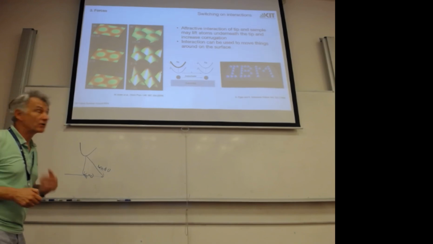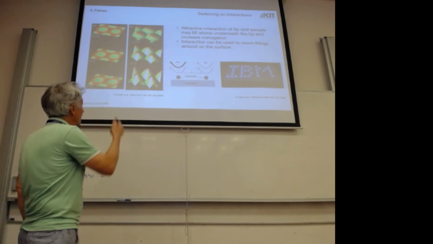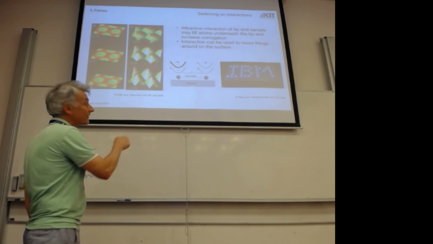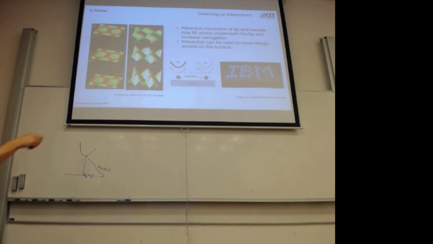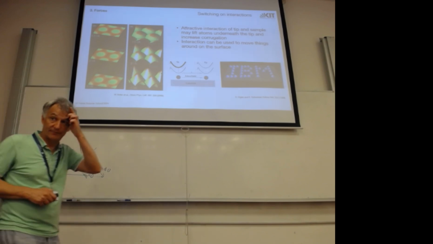So under these severe conditions, forces are also there. If we are on top of an atom, you try to build an atomic bond, and if the metal is soft, you will lift that atom a little bit out. This increases the corrugation to values which are in agreement with STM observations.